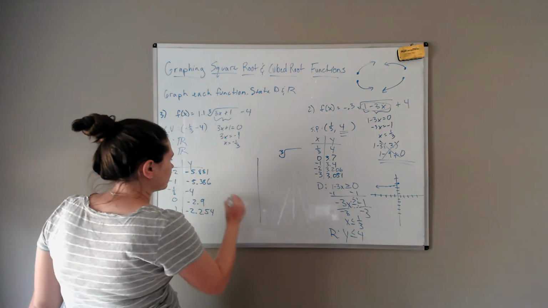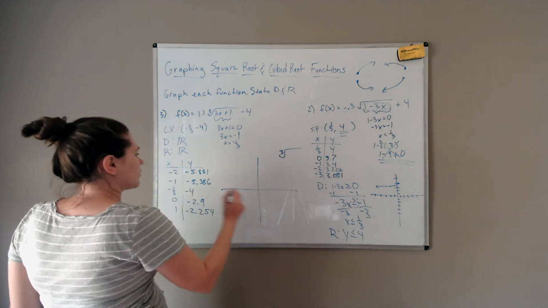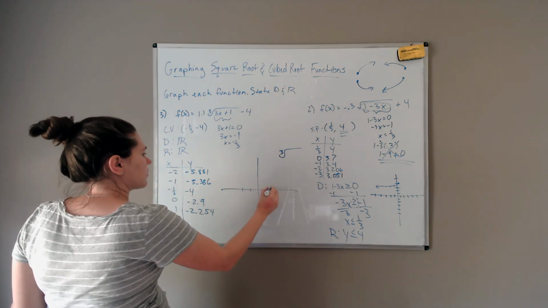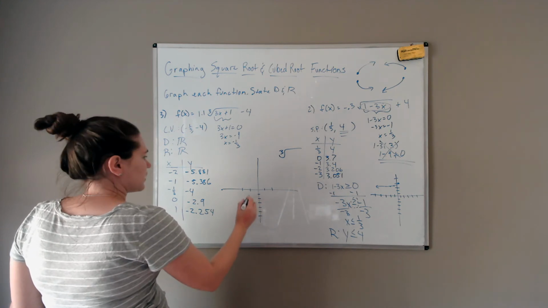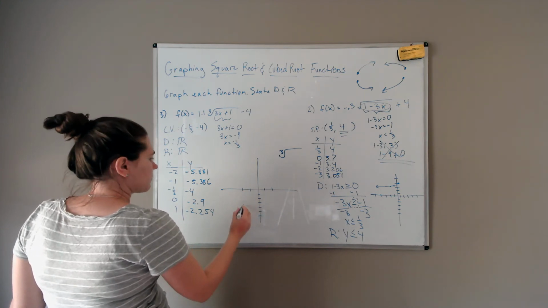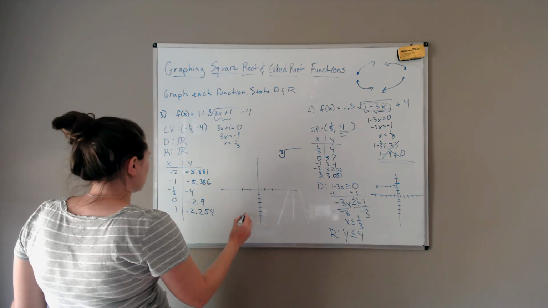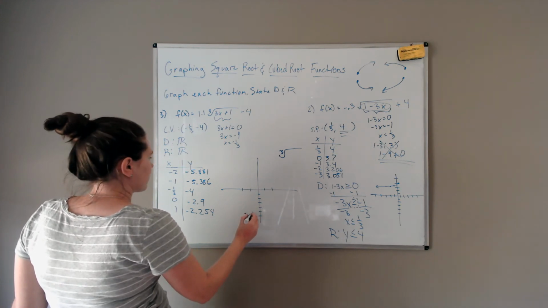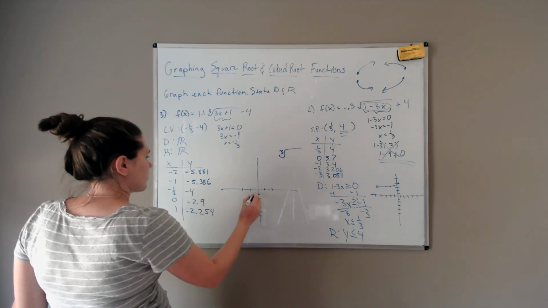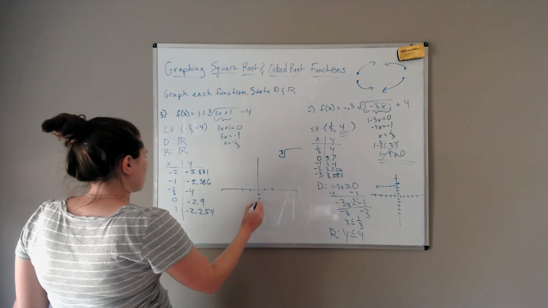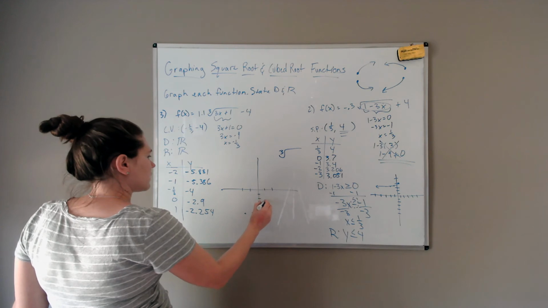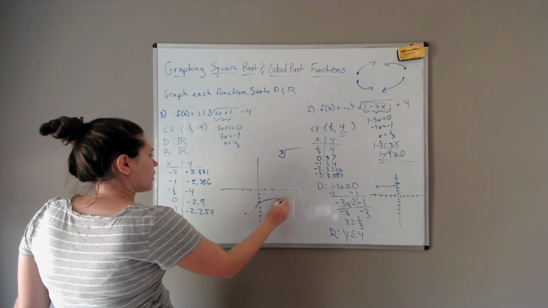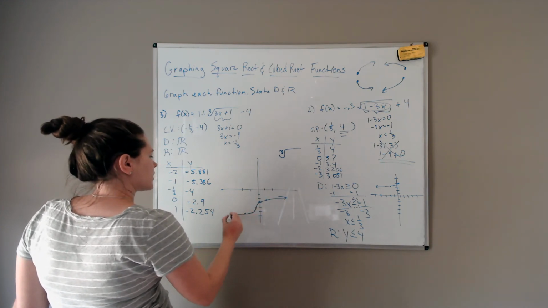Okay? So, negative 2, negative 5.881, negative 1, negative 5.386, negative 1/3, negative 4, 0, negative 2.9, and 1, negative 2.25. Okay, and just connect points.